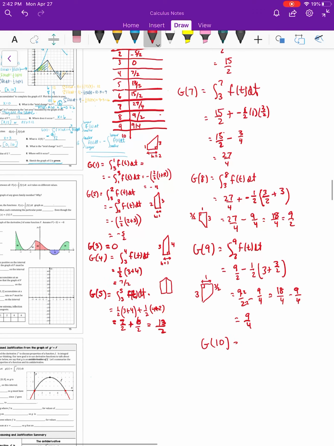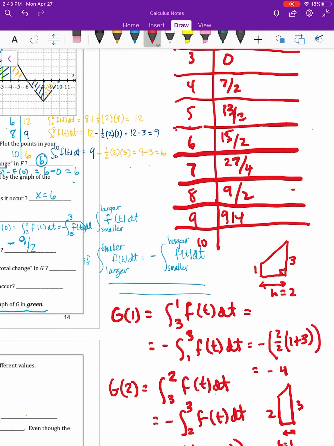And then lastly, my g of 10. Integral from 3 to 10, f of t dt. And so I know that from 3 to 9 is 9/4. And from 9 to 10 is just a little triangle, so I'm going to subtract the area of that because it's under the x-axis.